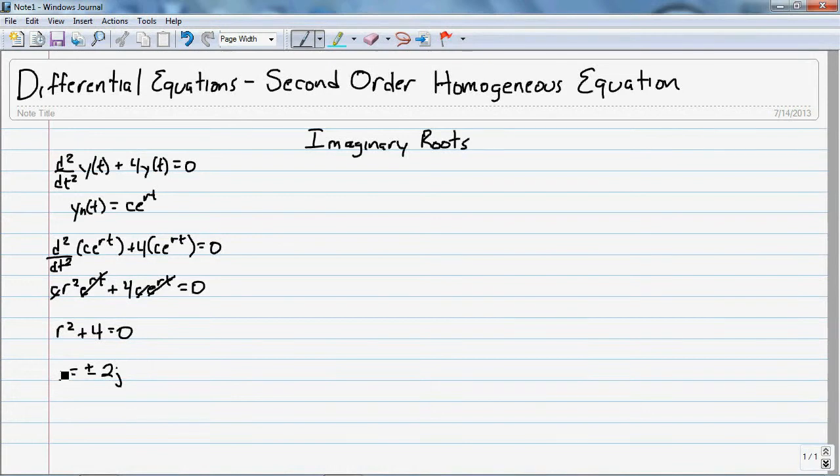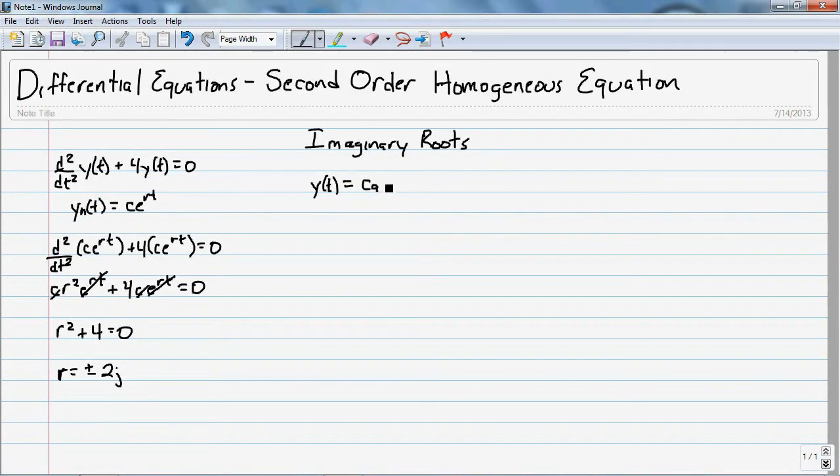Now, I hope to prove to you that these actually specify not two exponentials, but sines and cosines. So let's put our solution together here, and let's use two constants.